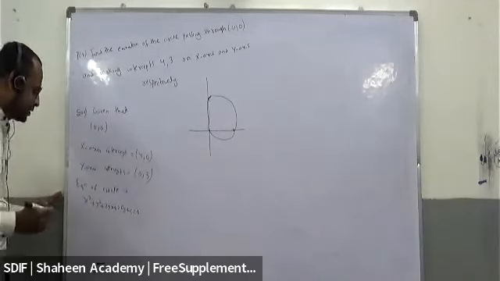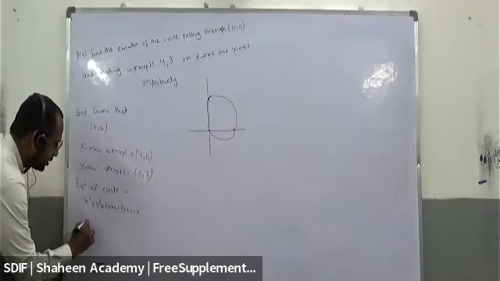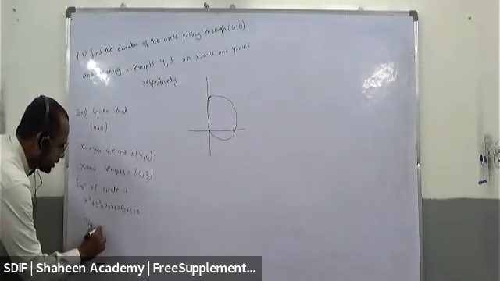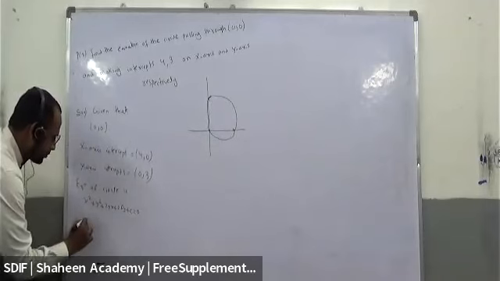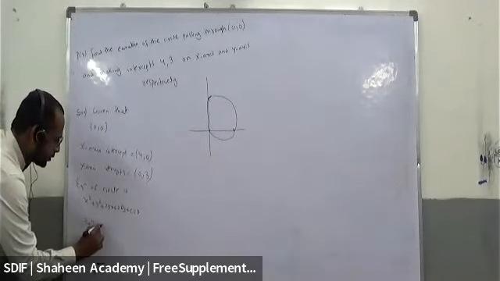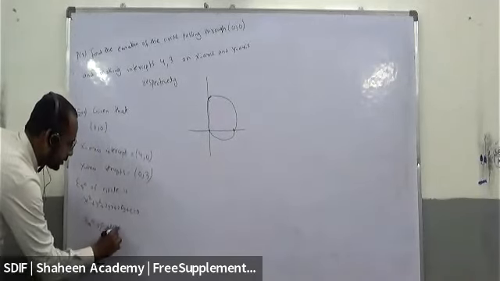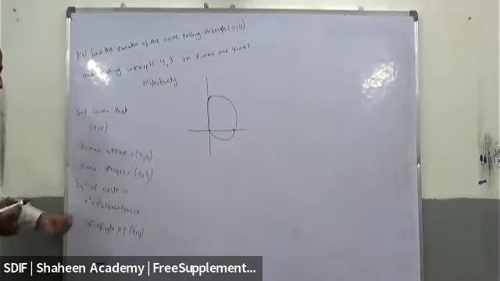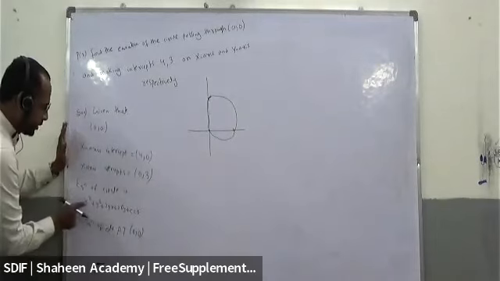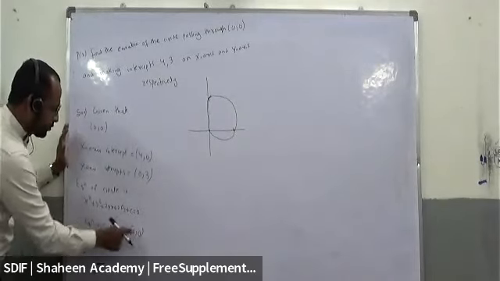So we have to write the equation of circle passing through 0, 0. What are we getting here? In the place of x, 0, in the place of y, 0.